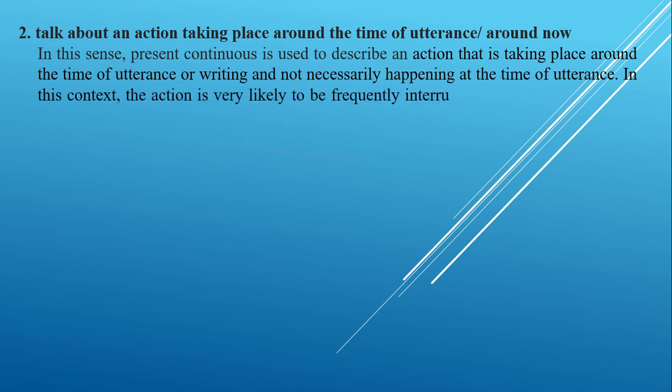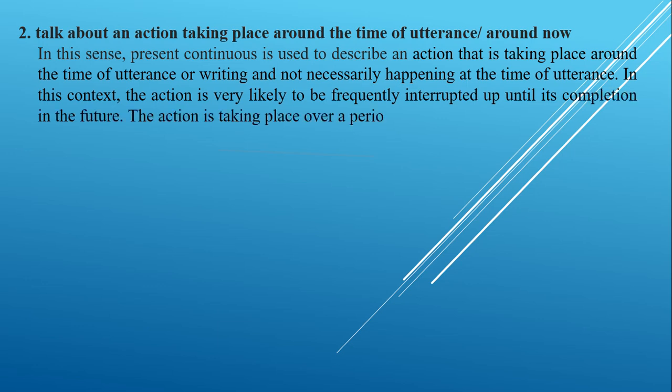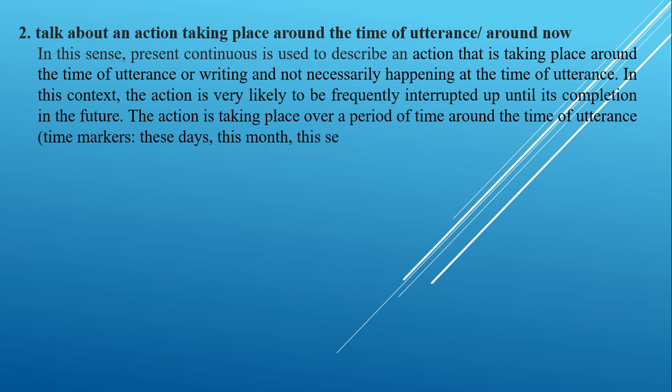In this context, the action is very likely to be frequently interrupted up until its completion in the future. The action is taking place over a period of time, around the time of utterance. The time markers are these days, this month, this semester, this year.